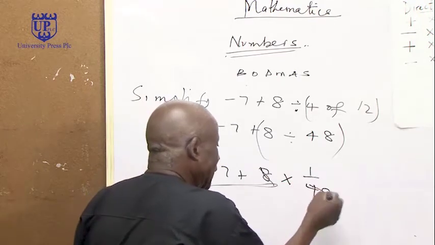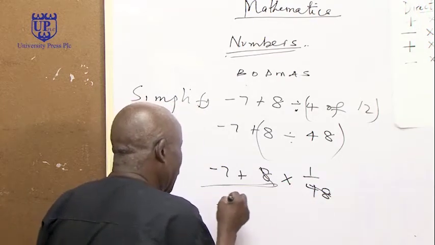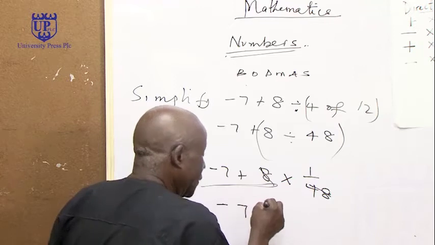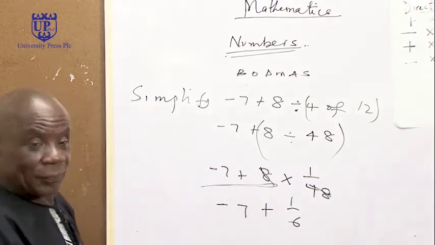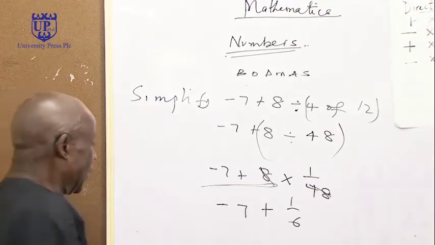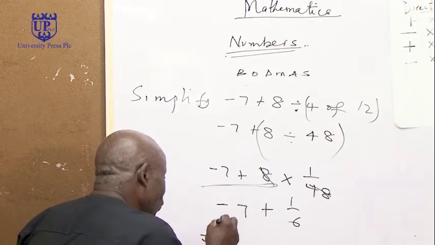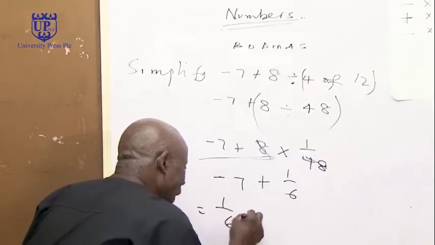This one is 1 over 6. So minus 7 plus 1 over 6. This is the same thing as 1 over 6 minus 7.